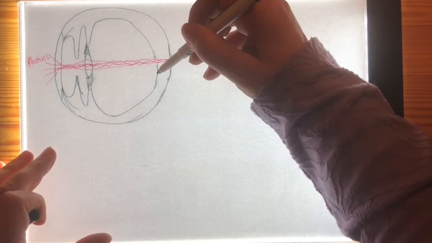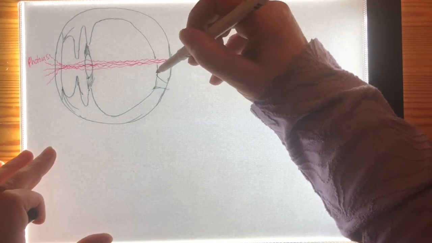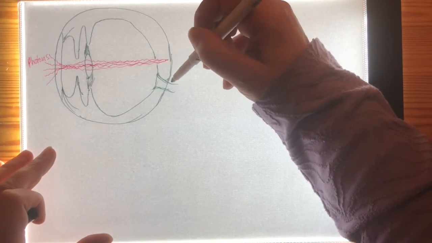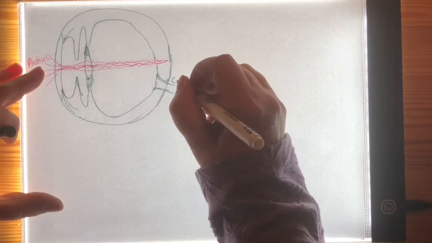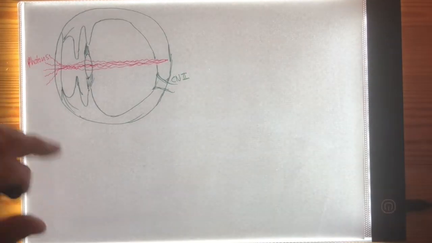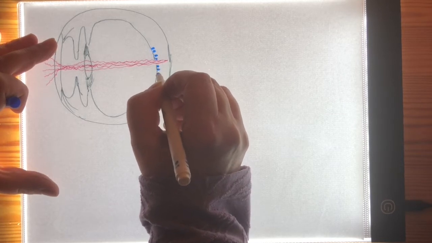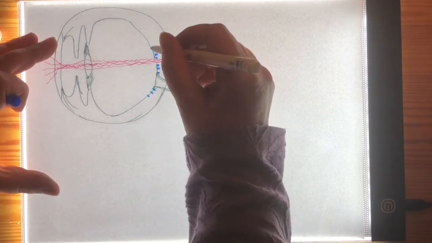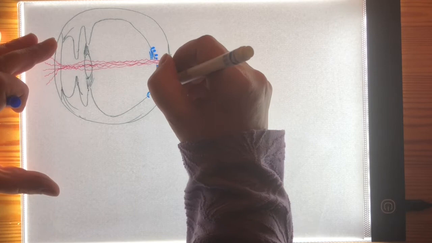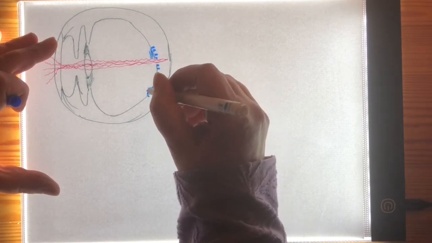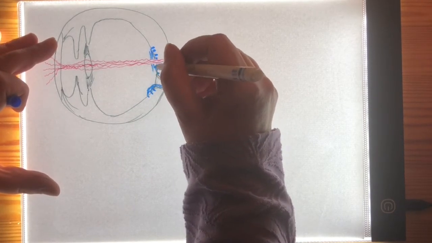So light passes through all of these clear structures all the way to the back of the eye, where it is finally sensed. I'm also going to be drawing the optic disc, which is a structure that does not have any kind of cells, which leads to cranial nerve 2, or the optic nerve. Now we are going to draw the cells that are all the way back here. This is the structure of the eye called the retina.